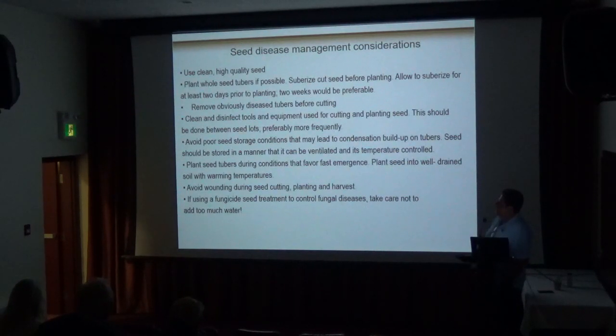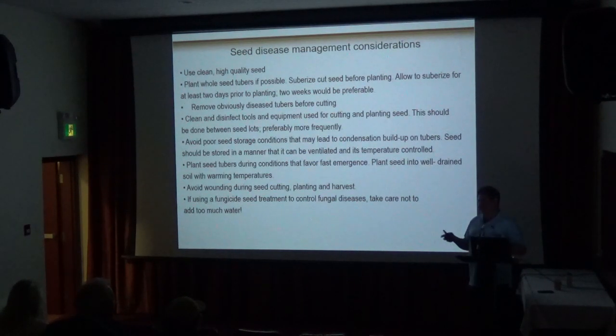We talked already in Newton's talk a little bit about whole seed tubers versus cut tubers. As you know, there are some production areas in the world where whole seed is the standard. And if you think about it from a disease point of view, if you cut a tuber, like Newton was saying, it's a wound, right? And pathogens love to have a wound to get into a tuber to cause disease.